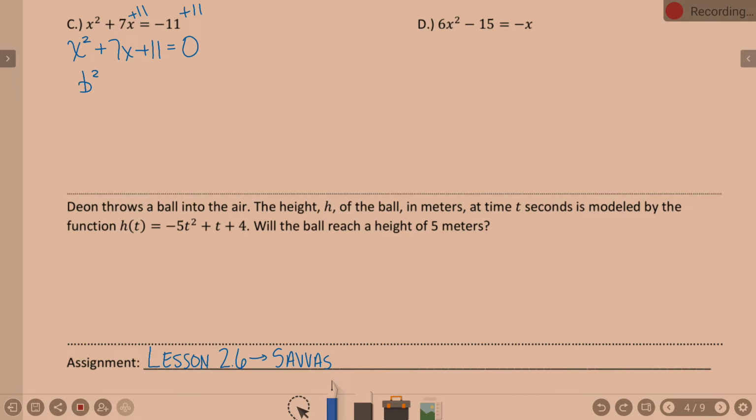Discriminant, b squared minus 4ac. So what is b? 7. 7 squared minus 4 times what's a? 1 times what's c? 11.